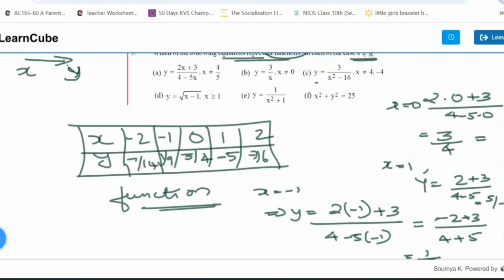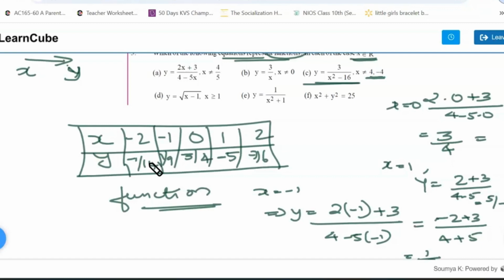Now we can do the third question, that is c, 3 by x square minus 16. So in this case, if you see, avoid these two values because it will turn as infinite. So those two values should be avoided, and if you check, you will be getting minus 2 and 2 also. If you do, you will be getting the same value because of this x square.